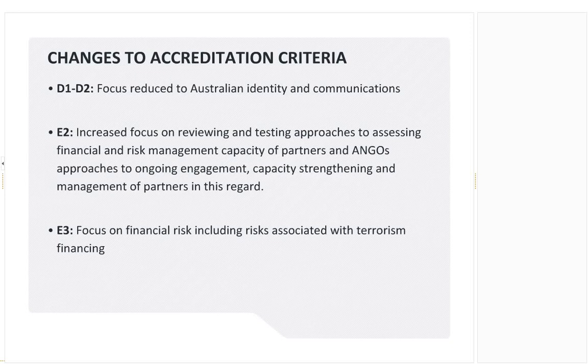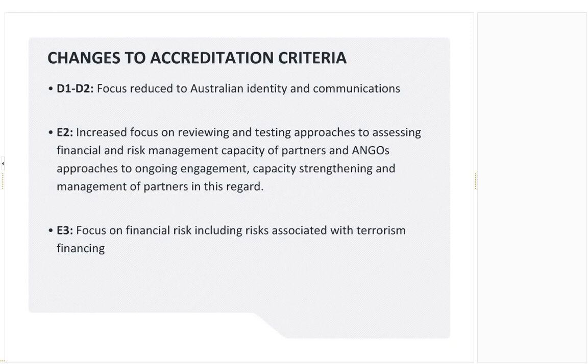So again, it has a stronger downstream focus, not on testing the partners overseas, but on understanding the systems of the Australian NGO to best understand and support their partners' financial management practices and risk management practices. There are also aspects in here, as there is in C, that relate to the NGO's efforts to strengthen and understand the capacity of their partners in these areas.